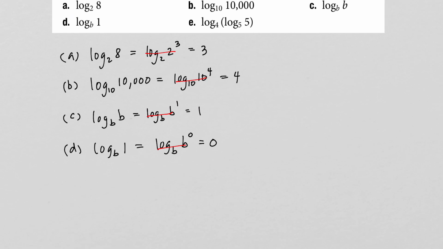And finally, we have log base 4 of log base 5 of 5. So now to figure this out, let's just start on the inside, and let's say, what is log base 5 of 5? Well, keep in mind that 5 is the same as 5 to the 1, and these cancel out, and we just get 1 here, okay?